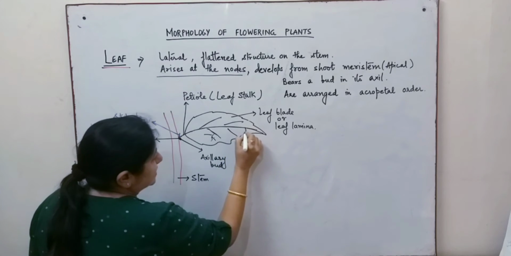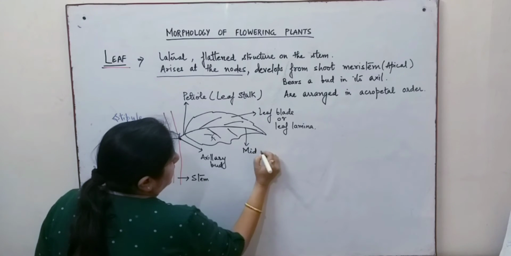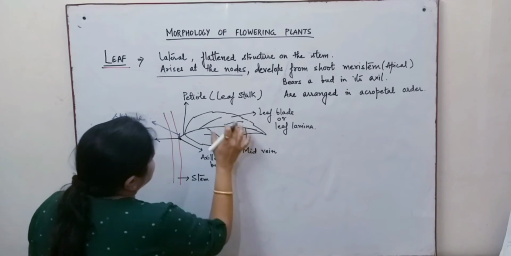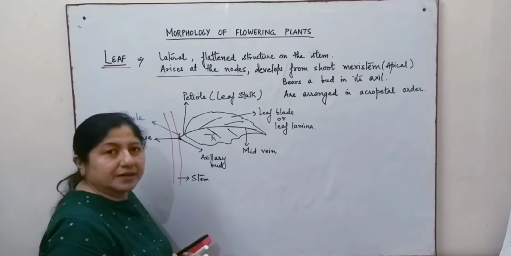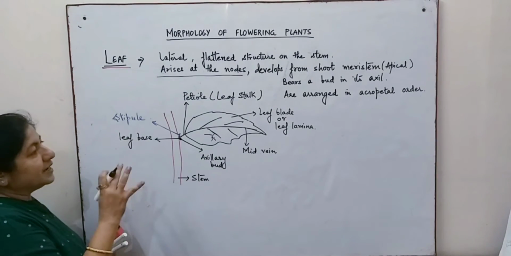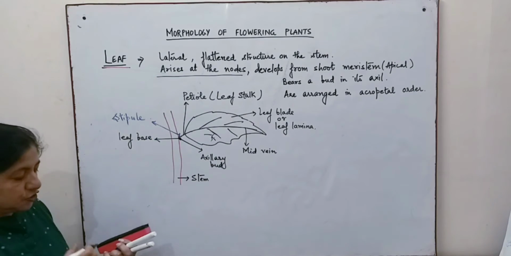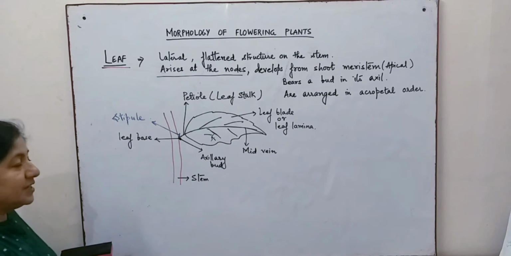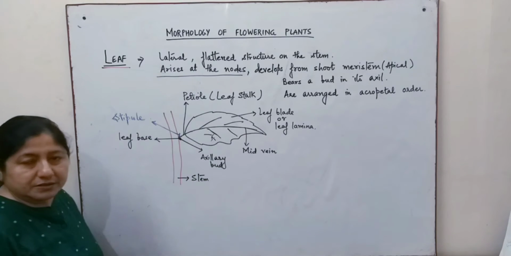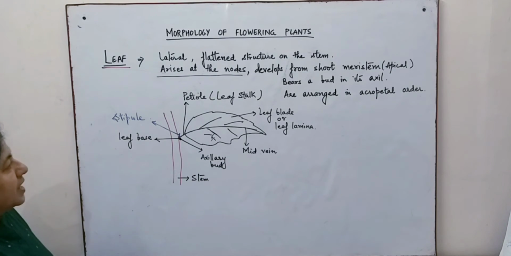This center main one is known as the midvein, and the entire pattern will fall under venation. That is a different topic. Now here let us try and understand the functions of each of these as we study further the structure of the leaf. So this is a typical structure of the leaf.